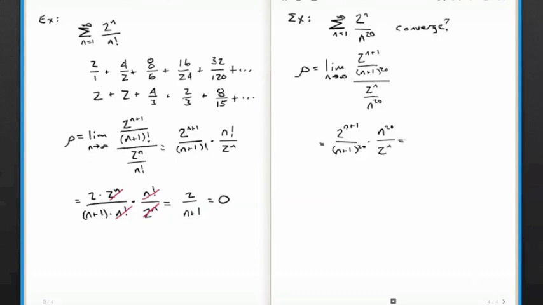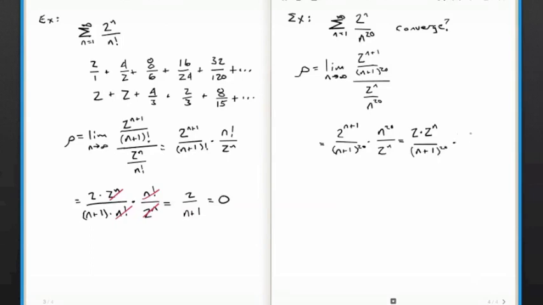And what do we do? Well, this thing we can break down like we did before. That becomes 2 times 2 to the n over n plus 1 to the 20th. Well, let's leave that for now, because I don't know exactly what that's going to look like.